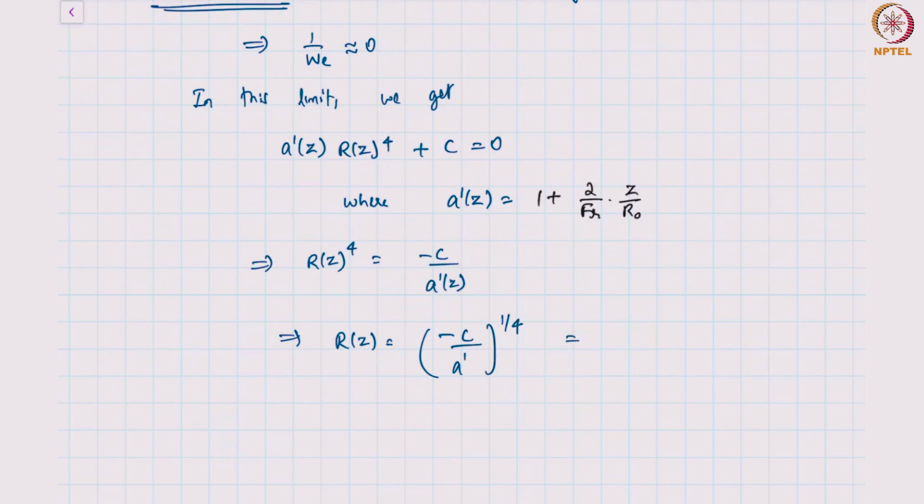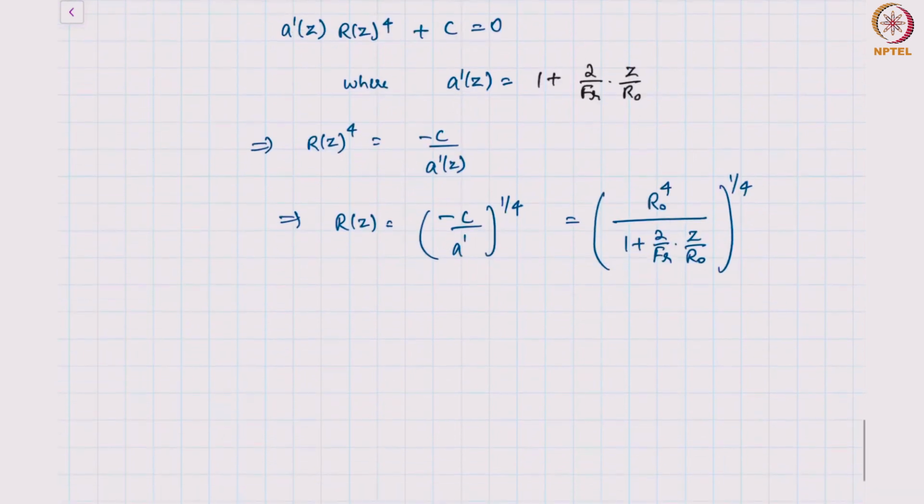Let's substitute the expressions for C and A prime. C would be minus R naught power 4, so minus C becomes plus R naught power 4, and the denominator is 1 plus 2 by Froude number times Z by R naught, power 1 by 4.